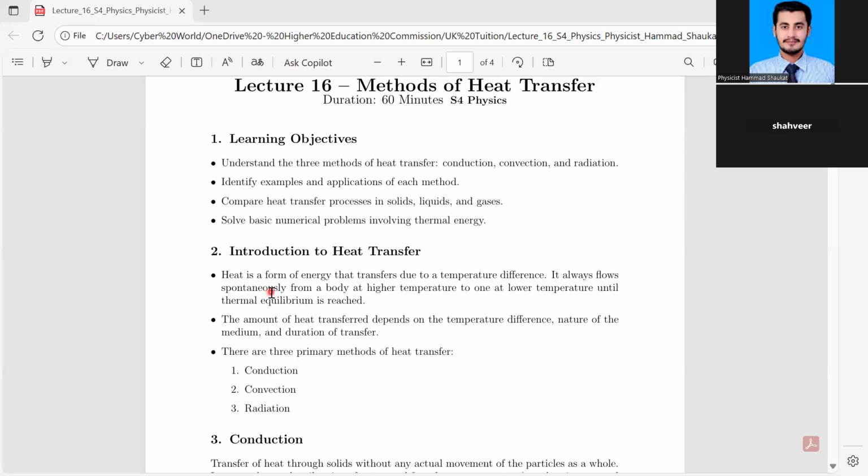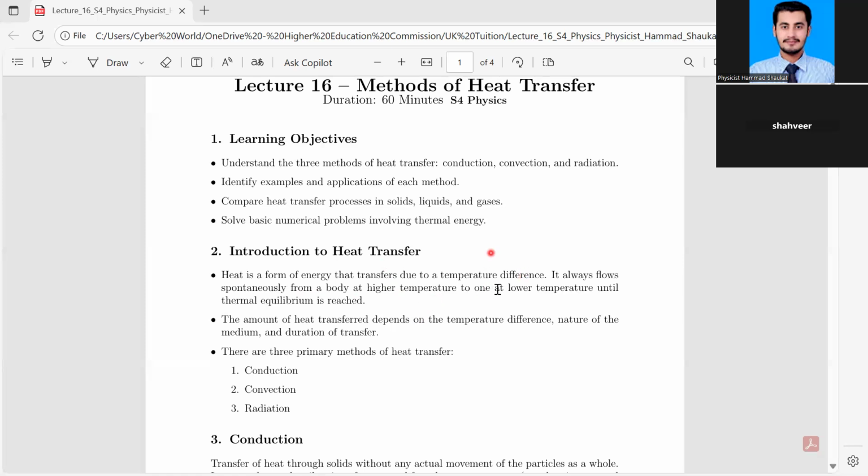Heat is a form of energy, and it only transfers due to a temperature difference. If there is no temperature difference, there is no flow of heat. But if there is some temperature difference, there should definitely be a flow of heat.